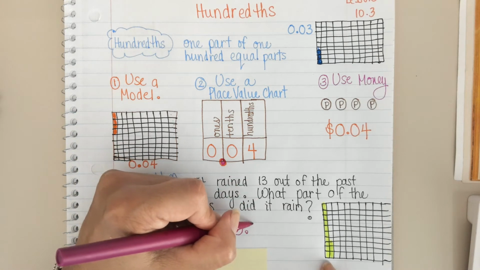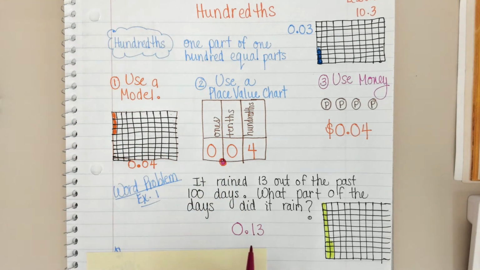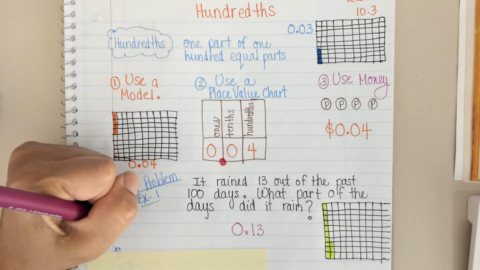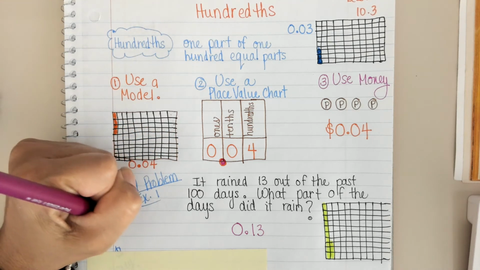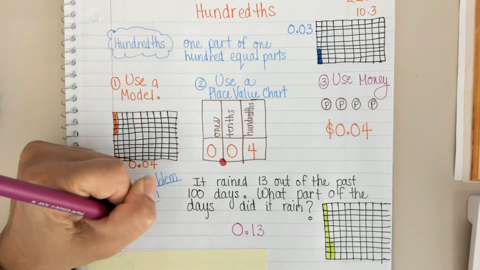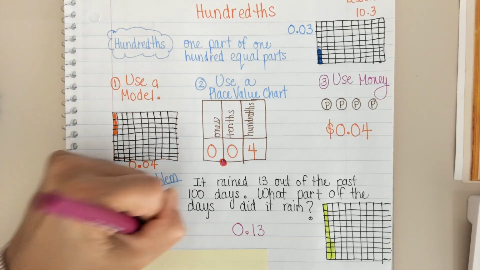We have a tenth and we have 3 hundredths. This is said 13 hundredths. So the way you say it is going to go in quotation marks. 13 hundredths.